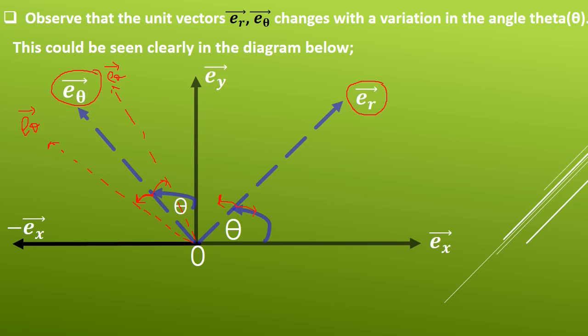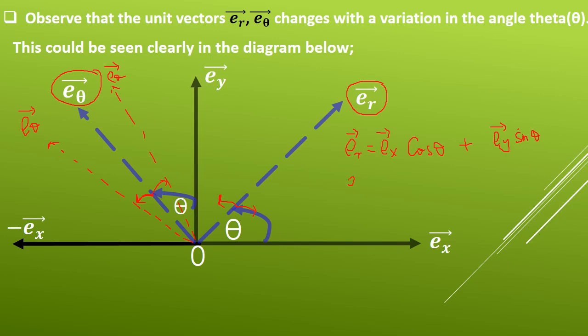Also, observe that ER and E theta could be resolved along the horizontal and the vertical component. So let's start by resolving the unit vector ER along its horizontal and vertical component. If you resolve the vector ER, you are going to obtain EX unit vector cos theta plus EY unit vector sine theta.